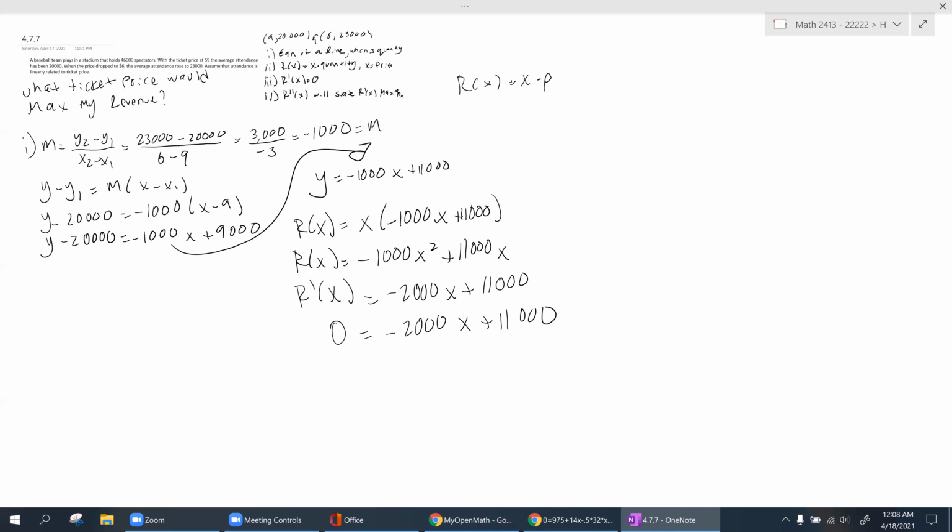Give me 1 second here. Meaning I'm going to subtract, so you've got -2,000x is equal to -11,000. I'm going to divide both sides by -2,000.